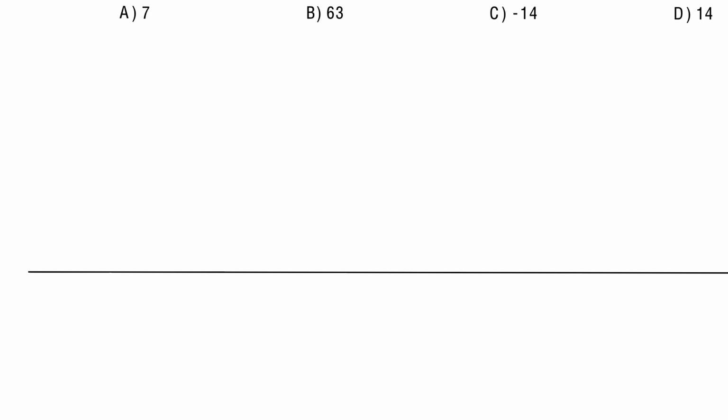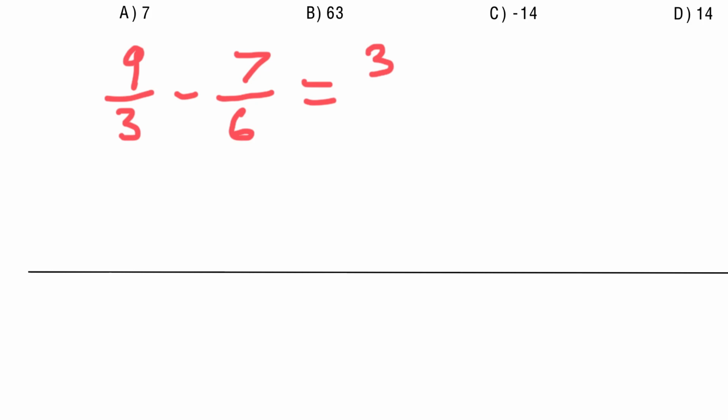Let's say we had a problem like this: 9/3 minus 7/6 equals 3x over 18. Okay, yeah, that'd be a good one.